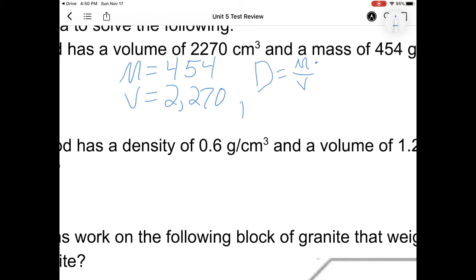So we're going to take our M, which is 454, and divide it by our volume, which is 2,270. When you put this into your calculator, you should get 0.2, and that is your answer for your density.